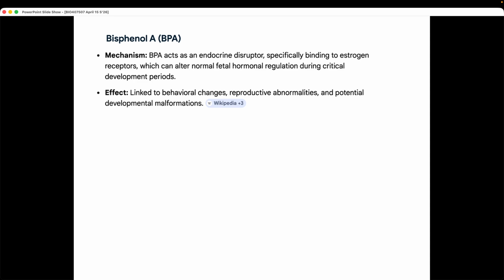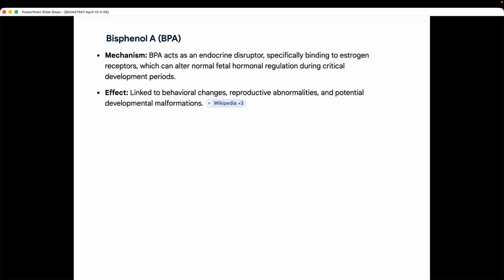Then I started trying to pull together little summaries using AI of some of the ones we're talking about, because that's a good thing to do too, to organize your learning. We talked some about BPA, so what about the mechanism?